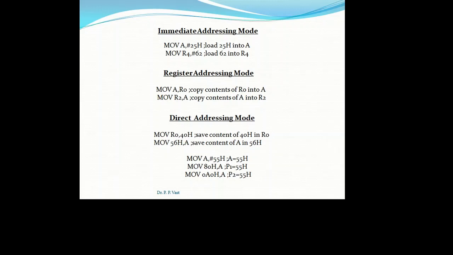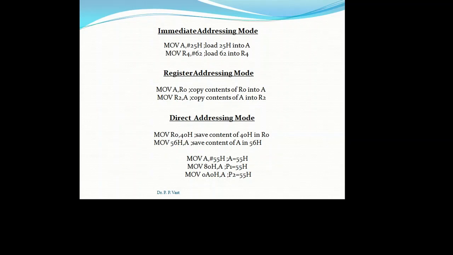Then you can see the instruction MOV A, #55H, so the accumulator will have the immediate data 55H. Then MOV 80H, A. Here the hash is not there, which means 80H is the memory address. The accumulator has the immediate data 55H, so that will get saved at the location 80H.